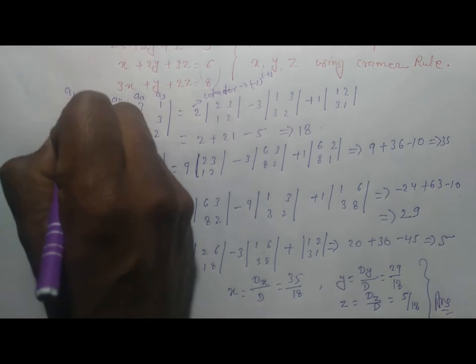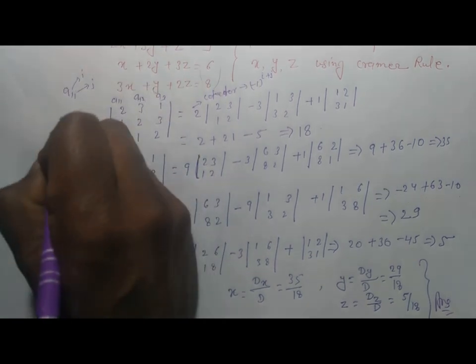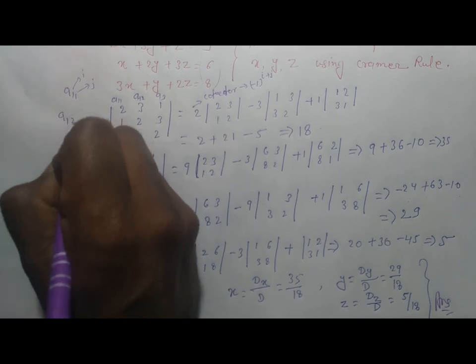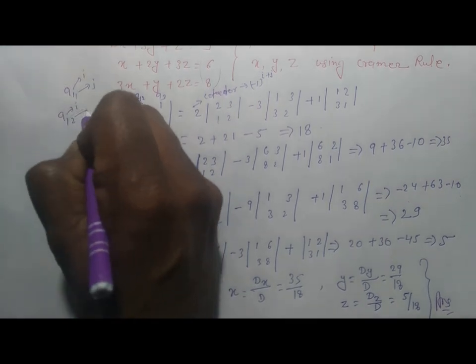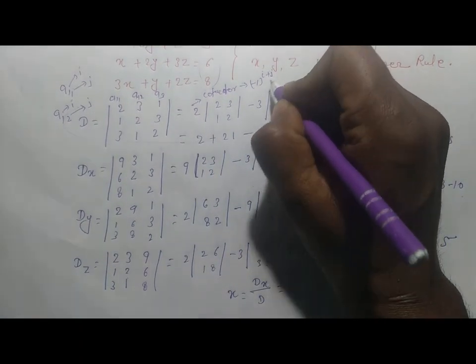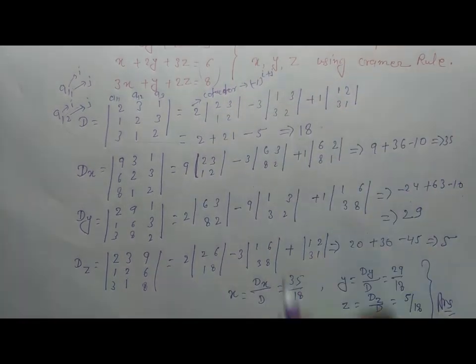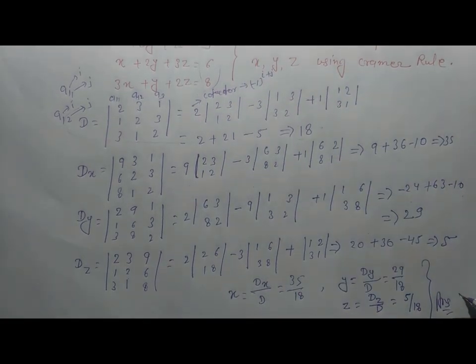For a11, the value of i is 1 and the value of j is 1, and for a12, the value of i is 1 and the value of j is 2. So place these values here and decide the sign.